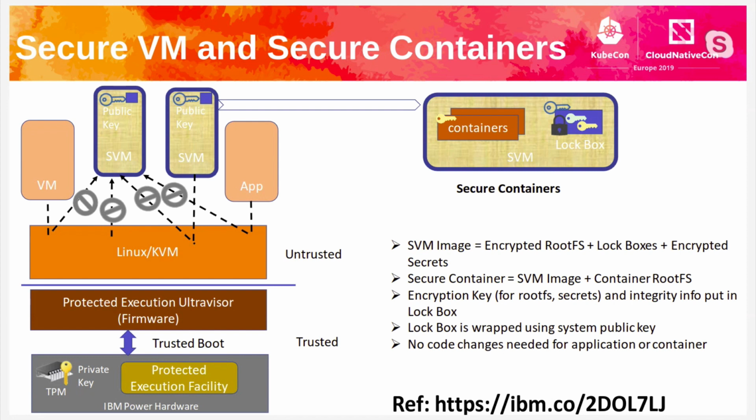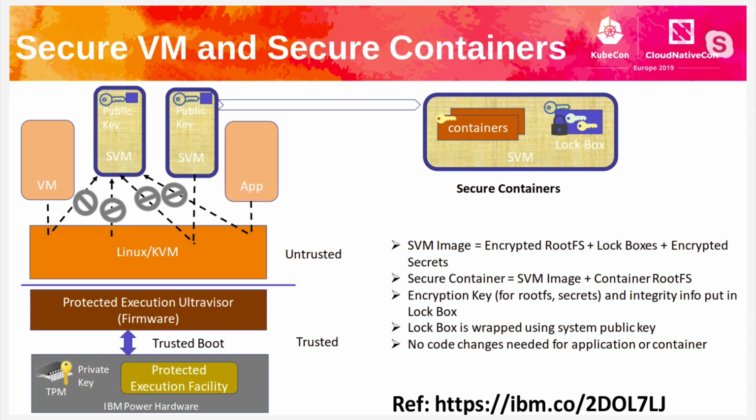Now, a little bit of detail on what the SVM really is. The SVM VM image is the encrypted root FS plus lock boxes that you see, and the encrypted secrets. These lock boxes can have any secrets that you would want. For example, the lock boxes can have secrets that you might want to use for decrypting the encrypted container image itself.